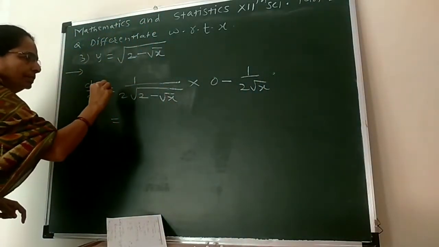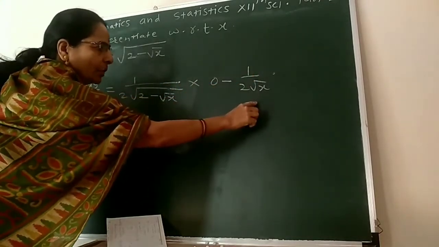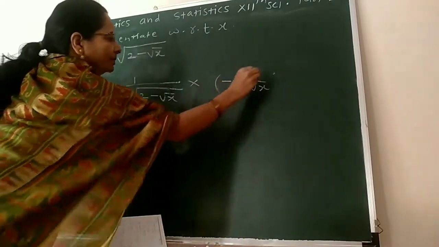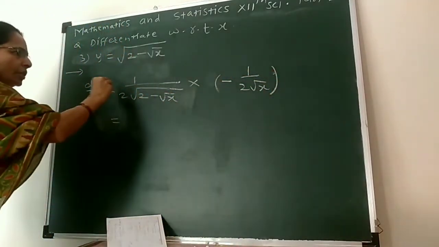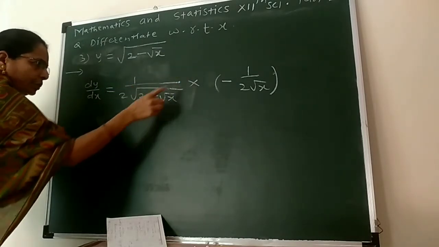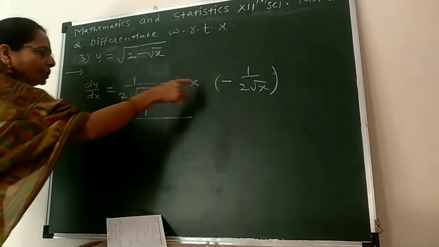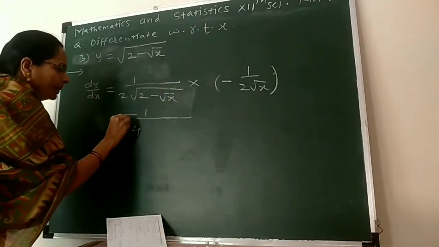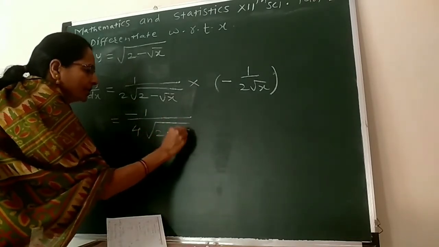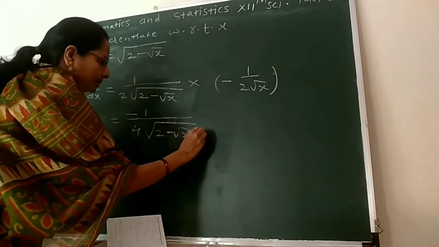Now this is 0 minus 1 upon 2 root x, which is only minus 1 upon 2 root x. So in the numerator 1 with negative sign due to the product, in the denominator 2 into 2 is 4, root 2 minus root x, into the remaining root x.